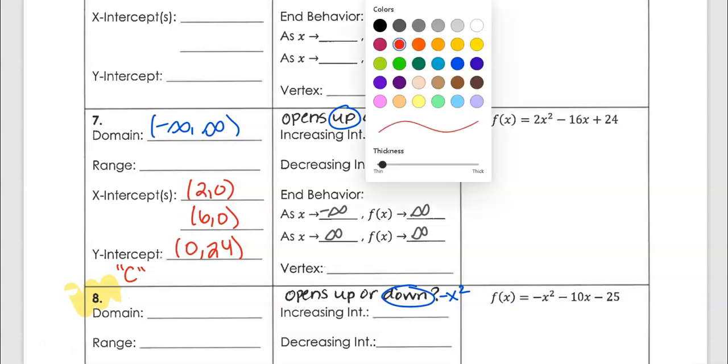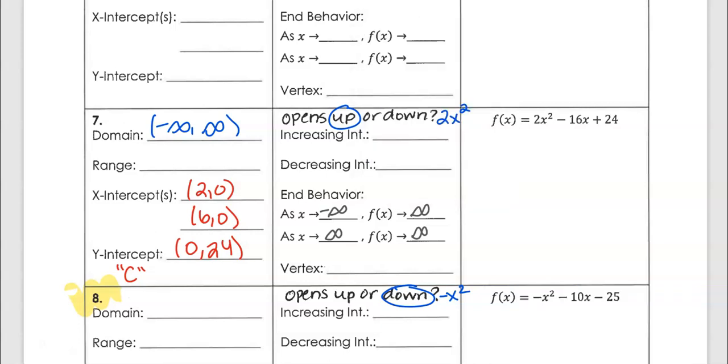All right, let's find our axis of symmetry. Axis of symmetry comes from x equals opposite b over 2a. What's my b value? It's negative 16, so what's opposite of negative 16? Positive 16. 2 times a is going to be 2 times.